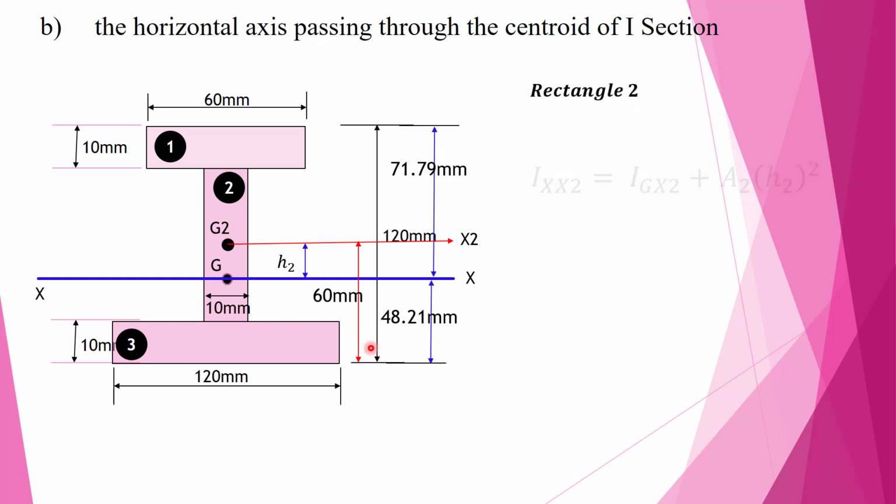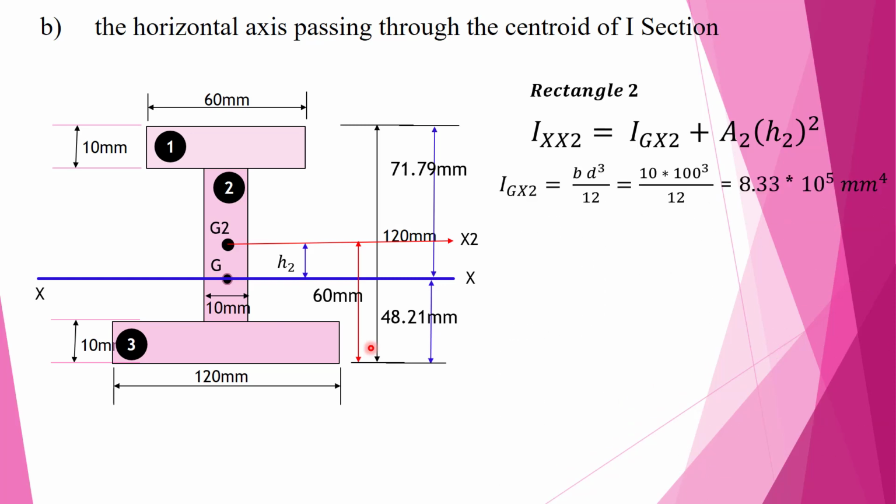So for rectangle 2, Ixx2 is equal to Igx2 plus A2h2 square. So what is Igx2? Igx2 is equal to BD cube by 12, which is equal to 10 into 100 cube by 12, which is equal to 8.33 into 10 raised to 5 mm raised to 4.